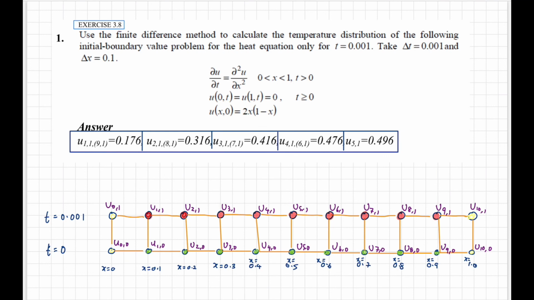Okay, so we just finished sketching the grid points.